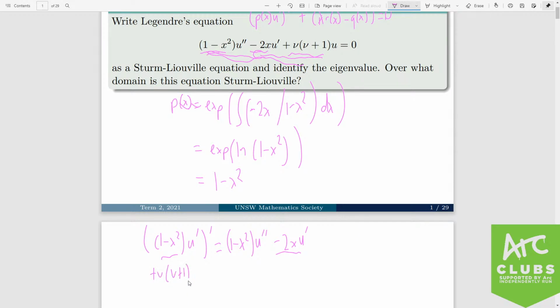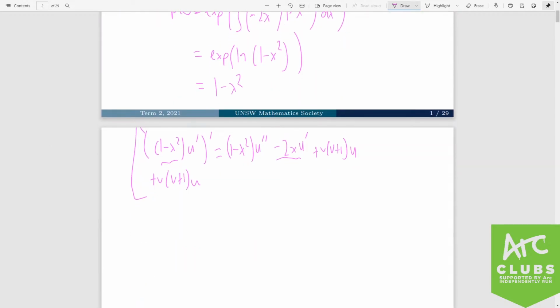So plus nu times nu plus 1 u. And we've essentially written it in Sturm-Liouville form. So just rewriting it onto one line, it becomes 1 minus x squared u dash, all differentiated, plus nu times nu plus 1 u equals 0.